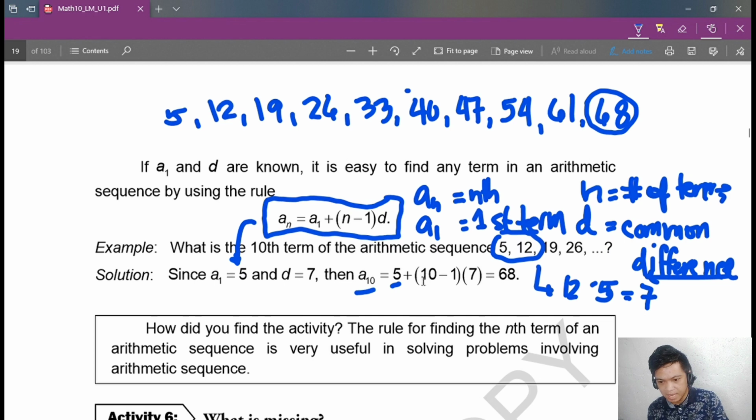Tapos, ano yung n natin? Ilan lahat yung term sa sequence? Since 10 na term ang hinahanap natin, there are 10 terms. So, 10 minus 1 times 7.